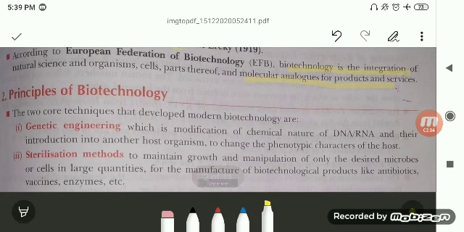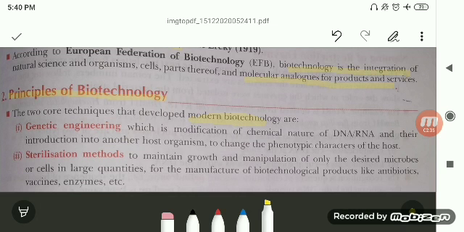First we are going to discuss the principles of biotechnology. While performing experiments and producing various products, we have to follow some techniques, and there are two main core techniques that developed modern biotechnology. Modern biotechnology involves manipulations, whereas in old biotechnology we naturally use living organisms to give new products.